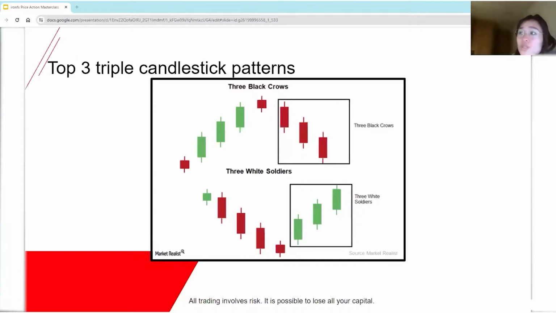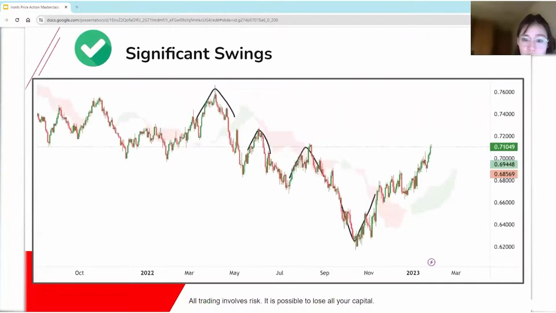For example, once you're able to spot this pattern, you might want to use your momentum indicators like your RSI or MACD, which show you a bearish divergence or moving into oversold territory, that can signal weakening bullish momentum and potential for a support breakout. Let me get back to my slides, but let me know if you guys have any other questions.